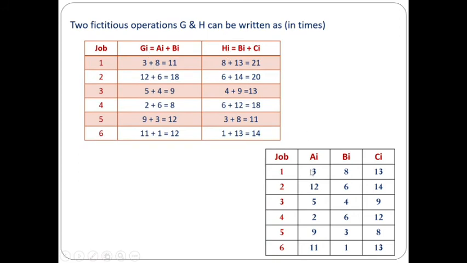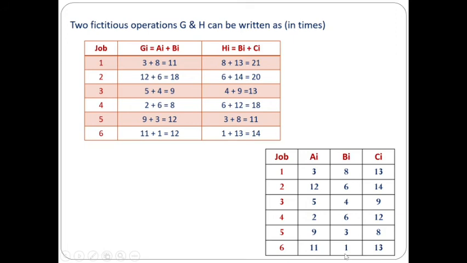If you add the first 2 values, that gives the processing time of G. 3 plus 8, 11. 12 plus 6, 18, and so on for all other jobs. For the processing time of H, we add the last 2 machines, that is the last machine and the middle machine. So, 8 plus 13, 21, 6 plus 14, 20, 4 plus 9, 13, and so on for all other jobs.